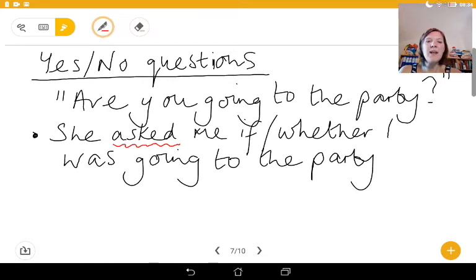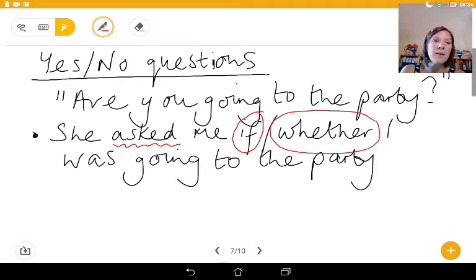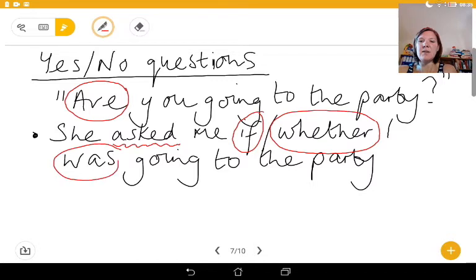She asked me, we can use either if or whether. Careful of the spelling because it's not the same as the weather. What's the weather like? It's different. So she asked me if or whether I was going to the party. Okay, so again, notice that we've taken the present and made it into the past. And we've got normal subject and verb order because it isn't a question.